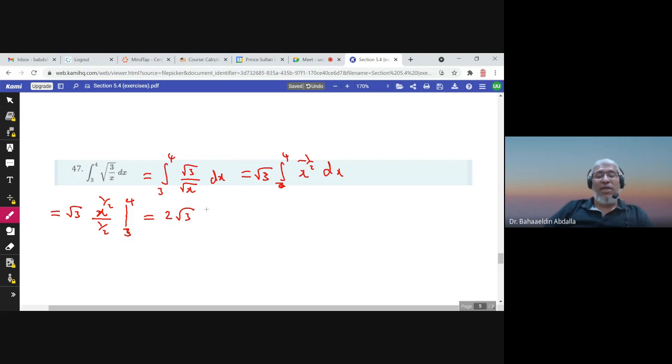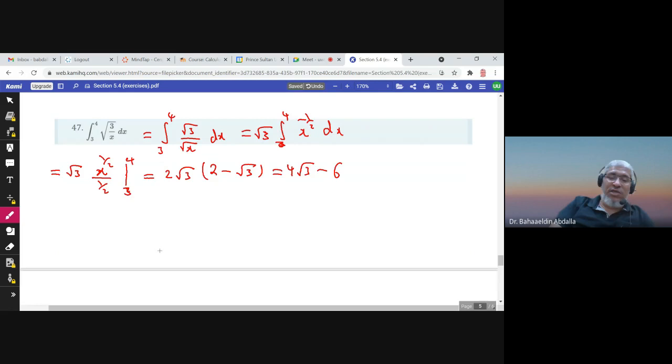And I replace x by 4, so I will have 4 to the power half, which is 2, minus the square root of 3. So the answer would be 2 times 2, 4 square root of 3, and square root of 3 times square root of 3 is just 3 times 2, 6. So that's the answer.